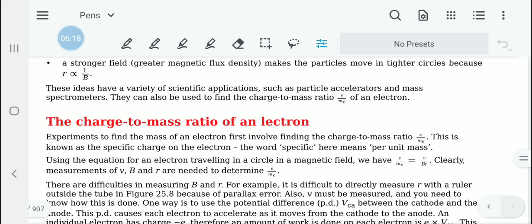From our earlier video, considering an electron traveling in a circle in a magnetic field, we have the relationship e upon me, that is the mass of an electron, e upon me equals V upon Br.